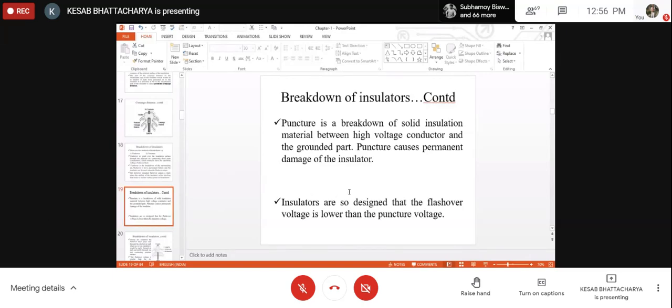Now that is why it is said that puncture is a permanent type of failure.